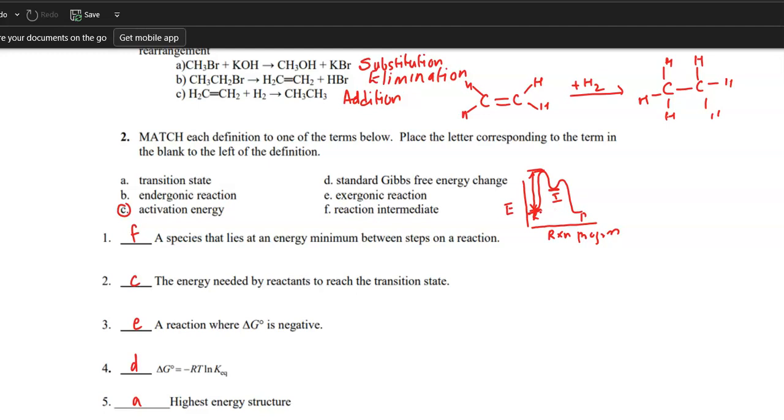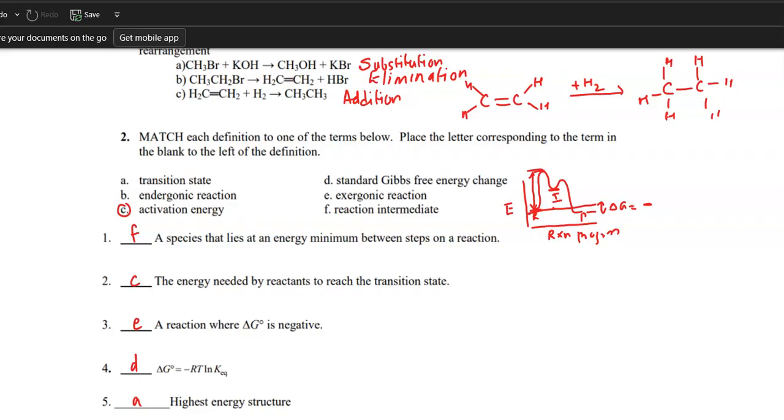So in this case, like the way I have drawn, where the reactant is at a higher energy state than the product, the difference in energy here, delta G, is negative, so that is an exergonic reaction. When the products are at a lower energy state than the reactants, that is an exergonic reaction. So the answer is E there.